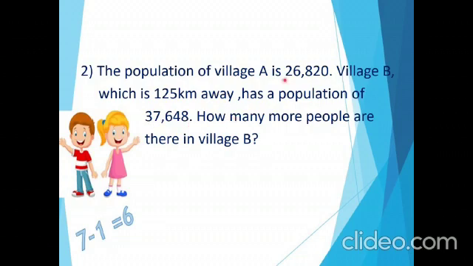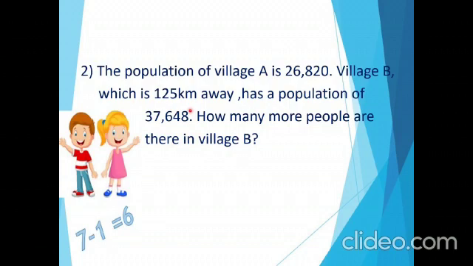Children, do we need all these 3 information to find how many more population in village B? No, we don't want this distance, correct? So we have to discard this information. We have to consider only the population of village A and population of village B, correct?